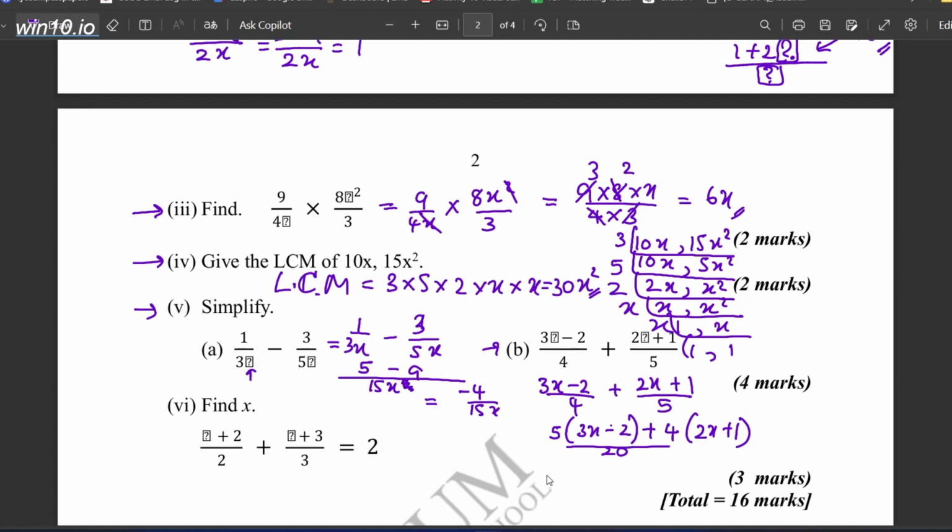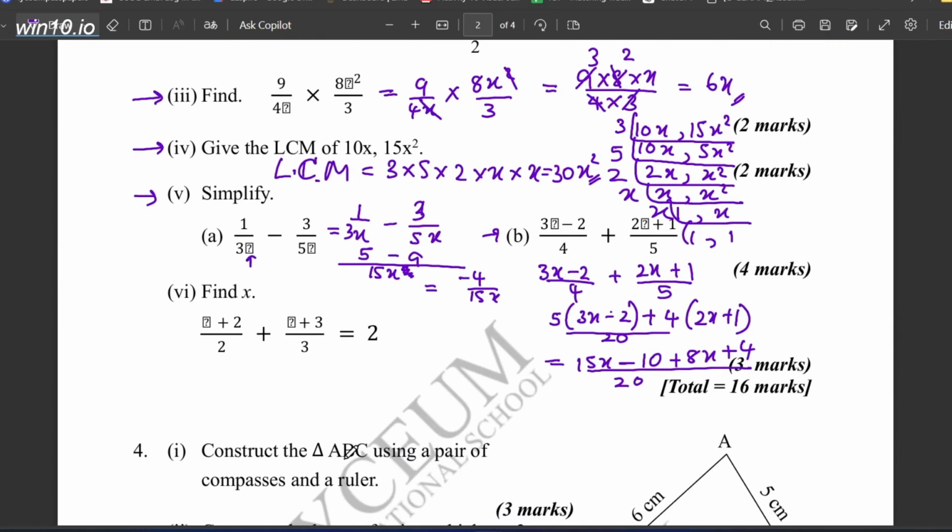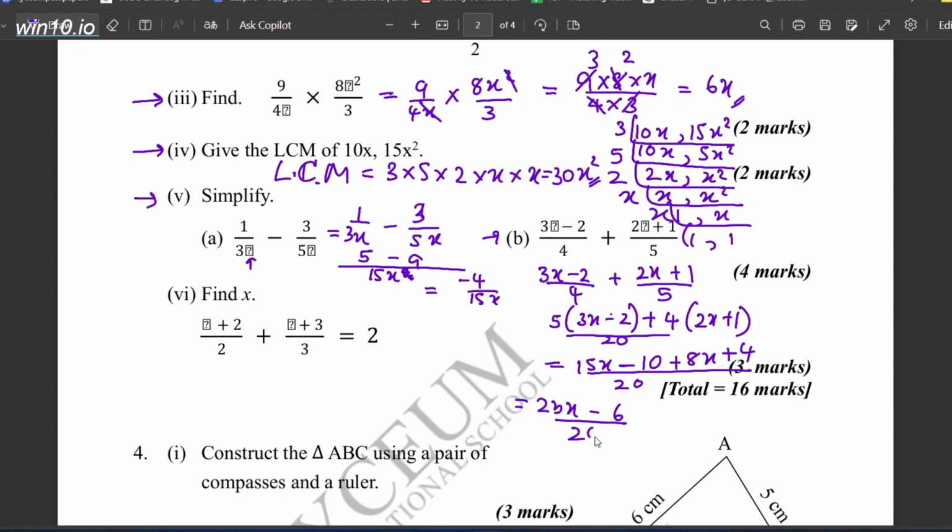Then the answer would be 15x minus 10 plus 8x plus 4 over 20. Now 15x plus 8x is 23x minus 6 over 20.